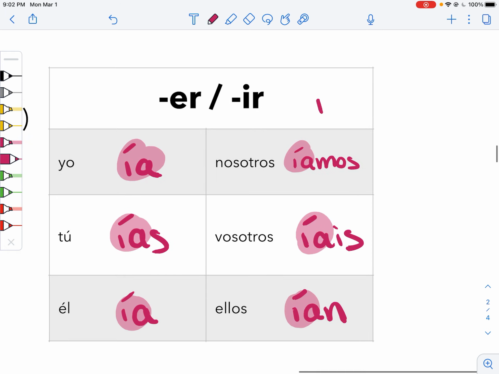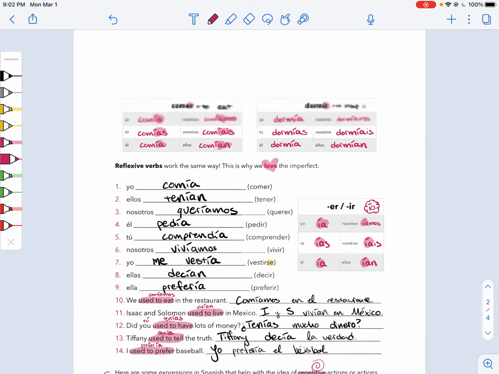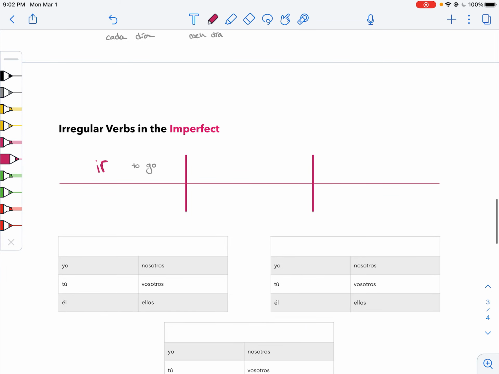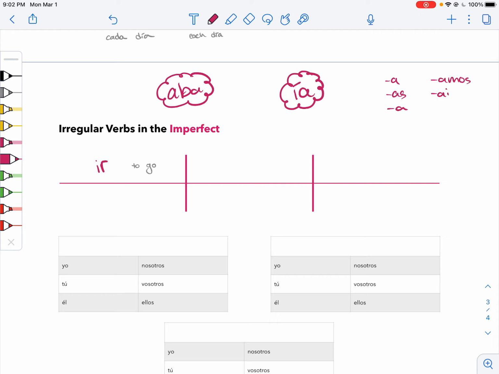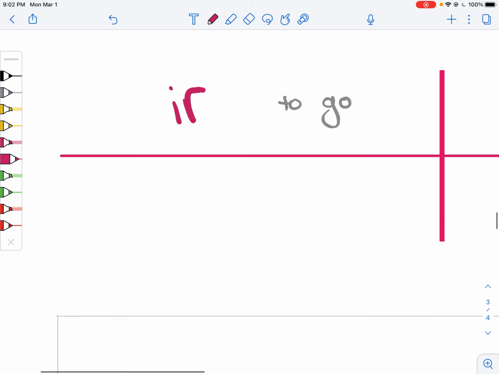So remember this ia idea. So you've got your aba kind of cloud, and your ia kind of cloud, followed by the endings: a, as, a, amos, ais, an. Following that idea, here's where the irregulars come in.